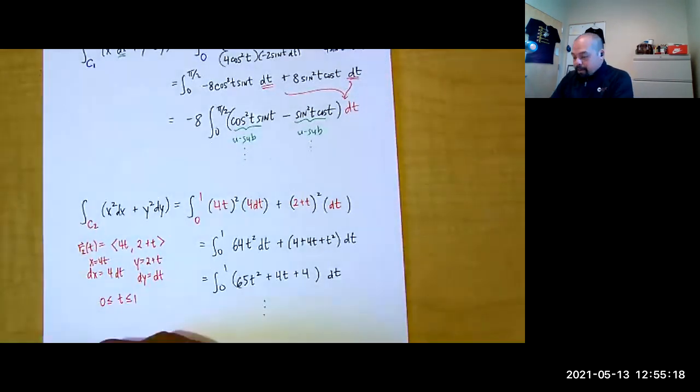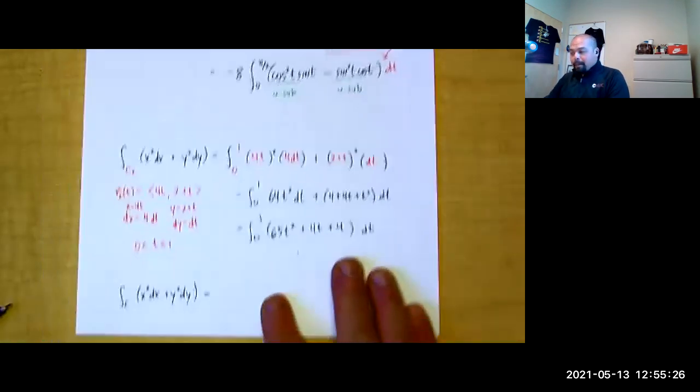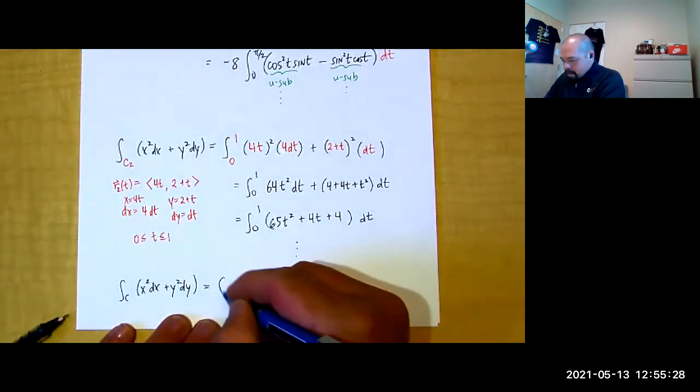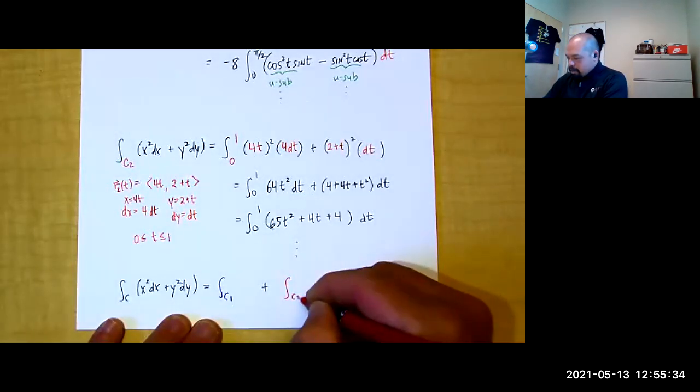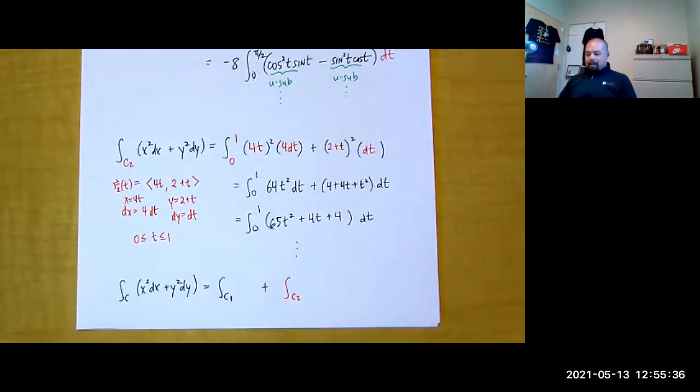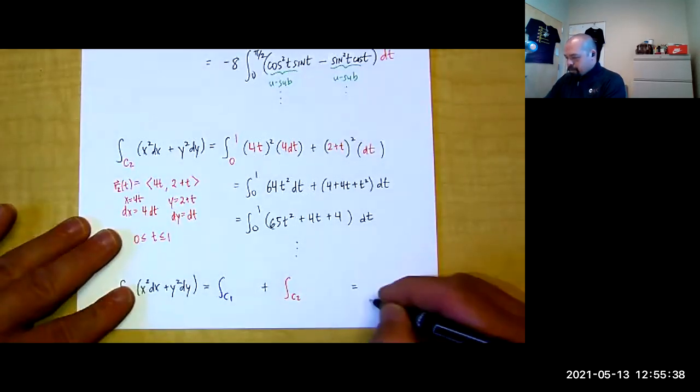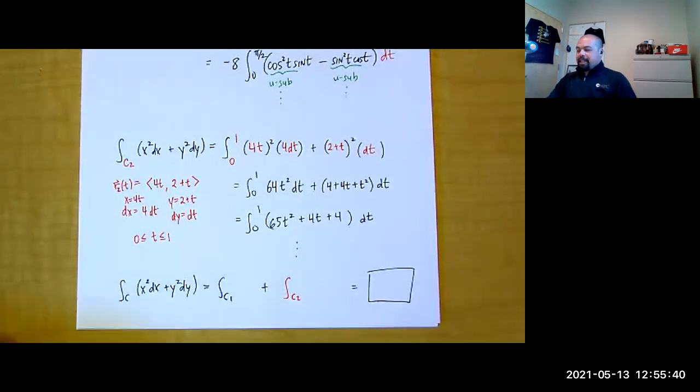And so the final solution is going to be the sum of those two integrals the way we've just parameterized. And again, I can fill in that answer to finish up, but there's that work.